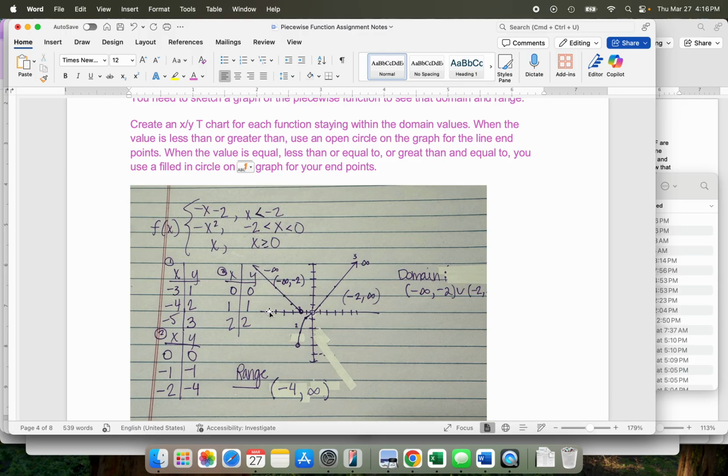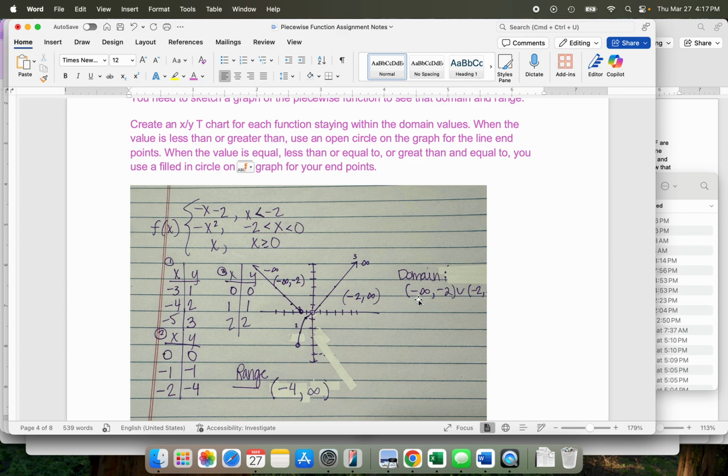looking at my x values for the domain. I have arrows going to negative infinity and infinity, and so on this one I have negative infinity to -2, and then this one starts at -2 all the way to infinity. And so that's where we use our union symbol to combine the different intervals of the piecewise function.